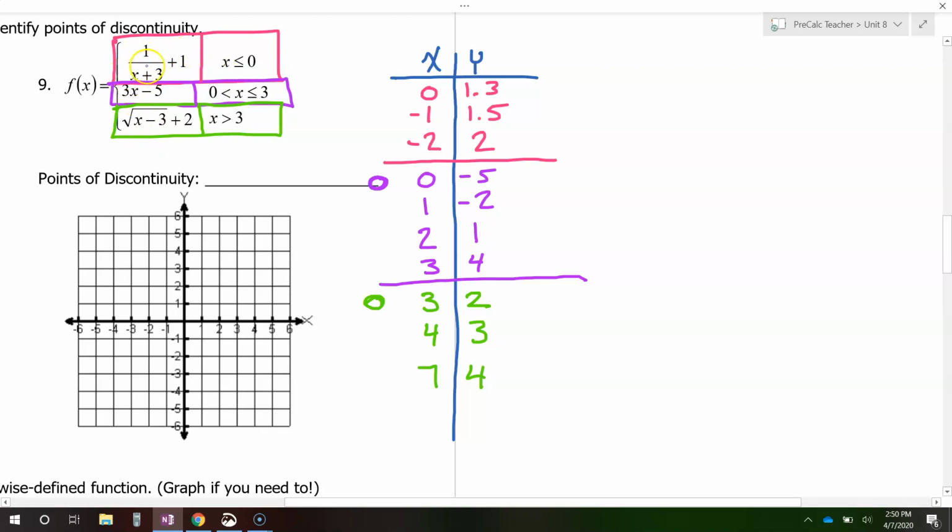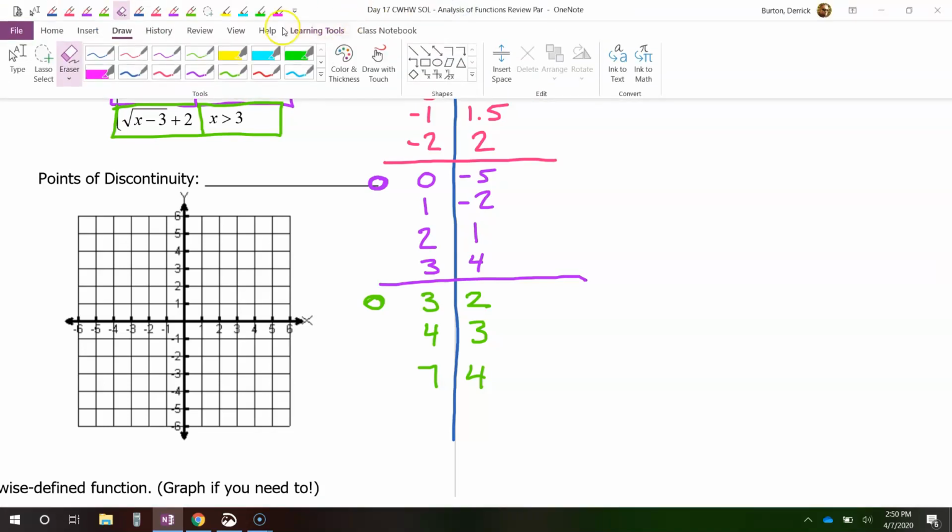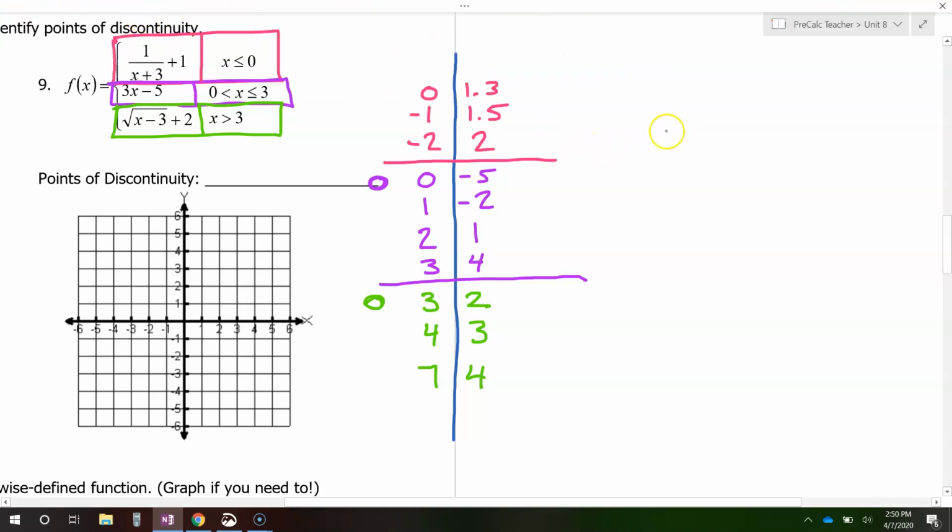Now, as I'm looking at this, it's occurring to me that we are probably going to need more points than this. And I'm going to tell you why right now. A rational function. So looking at this first piece, the parent function is 1 over x. Okay, this is the parent function.